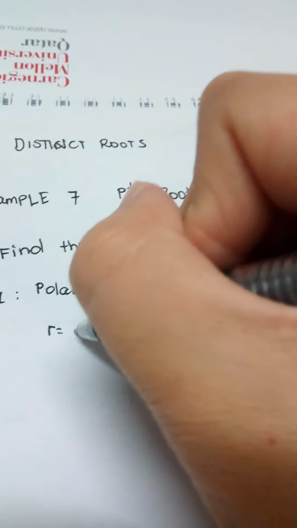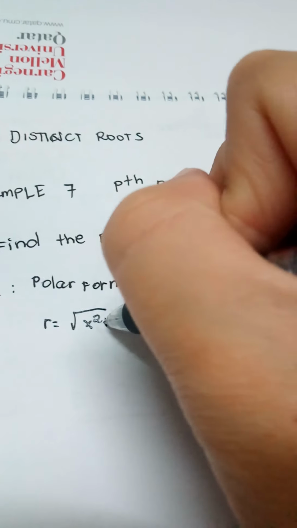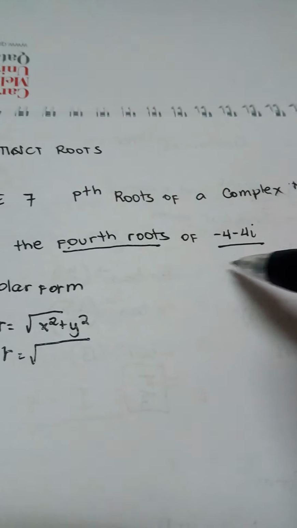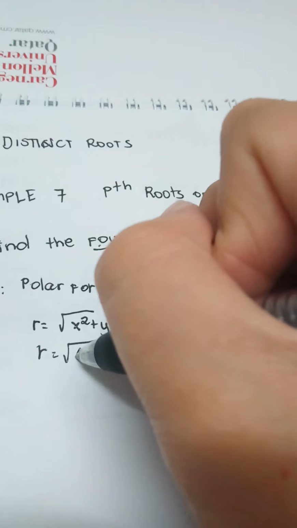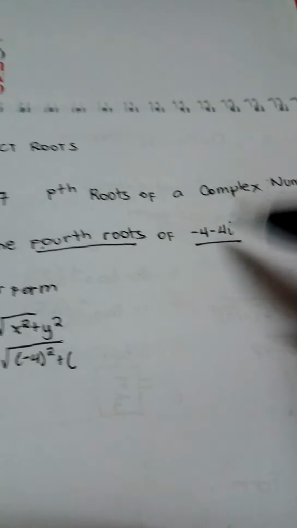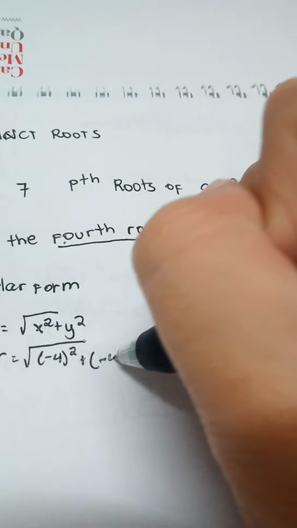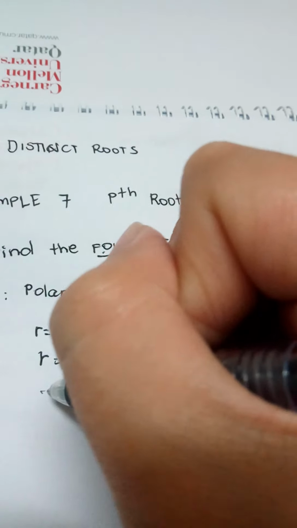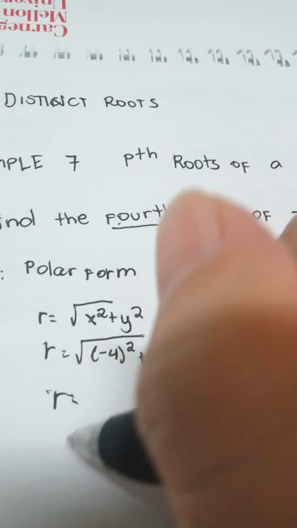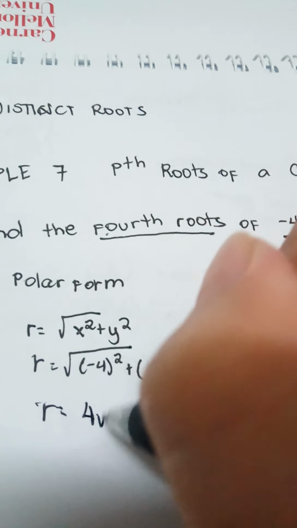So r is equal to the square root of x squared plus y squared. What is x? X is negative 4. So negative 4 squared plus, what is y? Y is negative 4 also. Negative 4 squared. So r is equal to 4 the square root of 2.